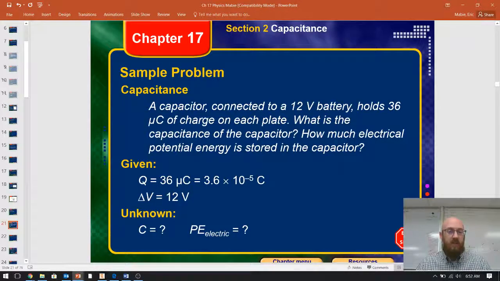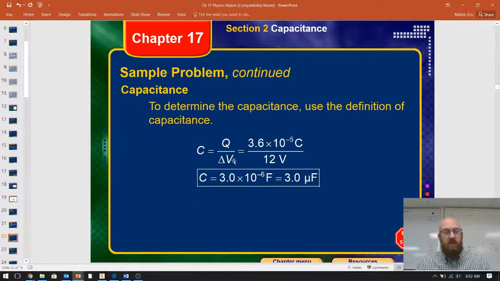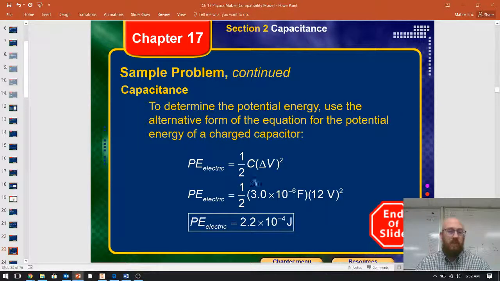You know it's 10 to the negative 6th. Voltage is 12. You plug into the equation because they gave you Q over V. And then, hey, take a look. Oh, look, it's 3.0 times 10 to the negative 6 farads. They went ahead and moved it to microfarads. That's totally okay.